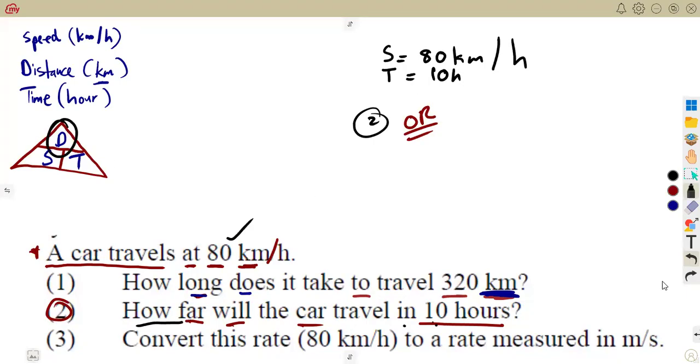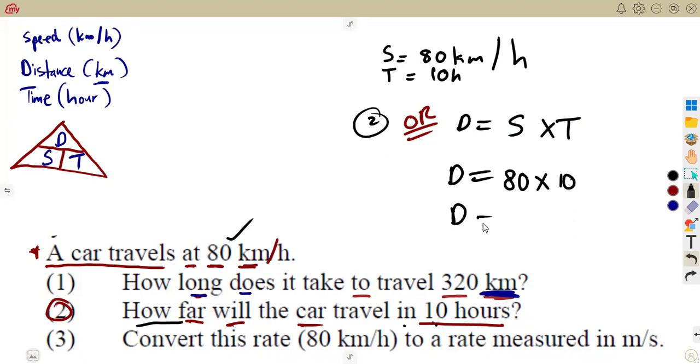That is the distance. Distance is equal to speed times time, which is 80 kilometers per hour times the time, 10. That gives us 800 kilometers.